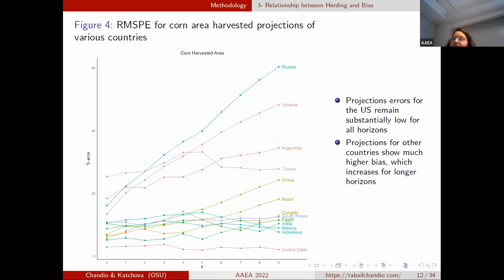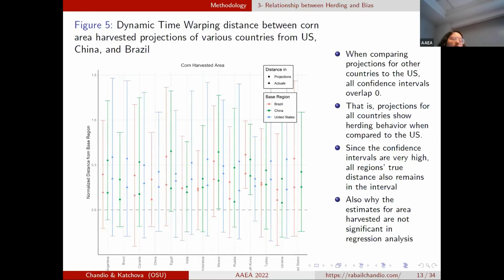For corn area harvested, the errors in terms of the raw number are slightly higher than yields, but we see another thing. The US is at the bottom, with a much lower error, but all the other regions have higher errors. The standard errors, the confidence interval bars, are much, much greater for area harvested. There's a lot more variation in area harvested projections than yields.